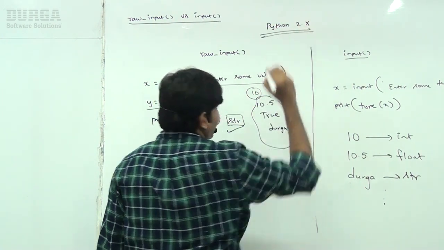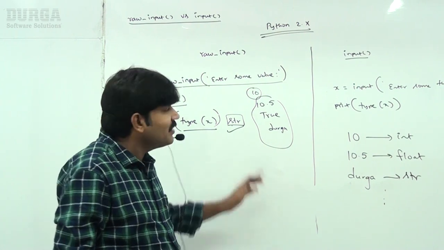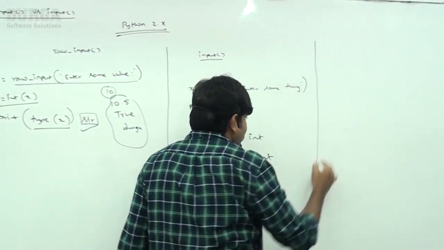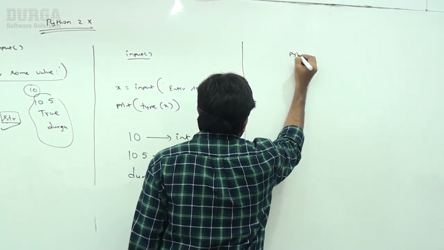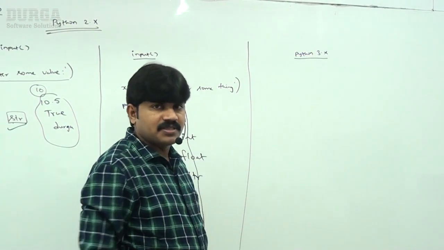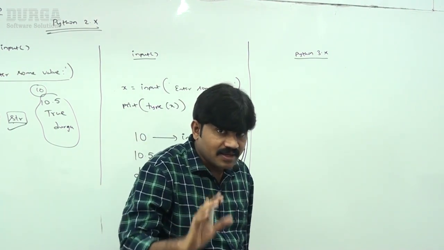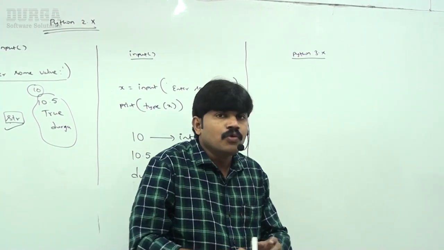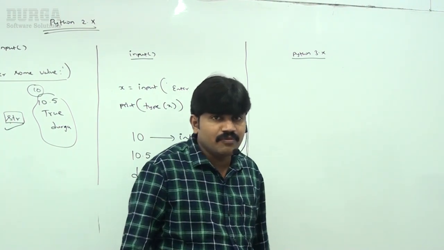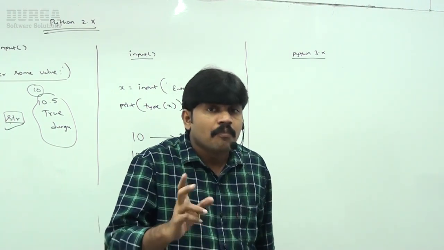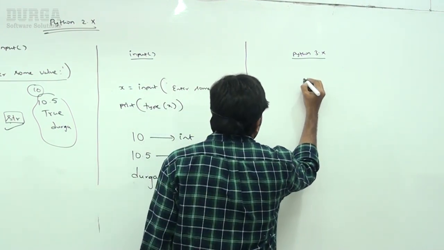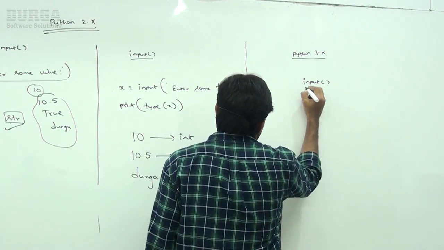These two functions are applicable for Python 2.x. But in Python 3.x, maybe 3.5, 3.6, 3.7, we have only the input function but not the raw_input function. So simply we have only the input function.